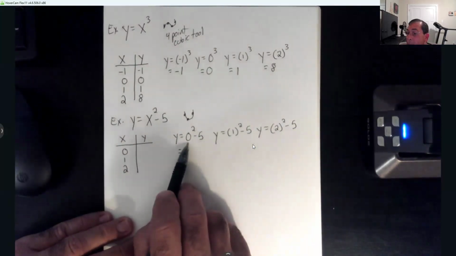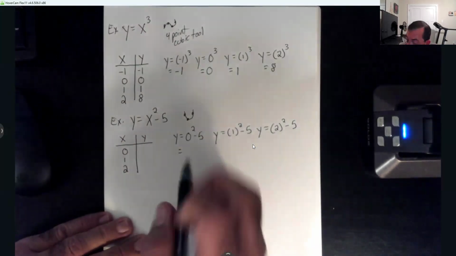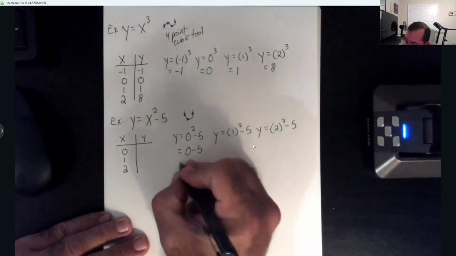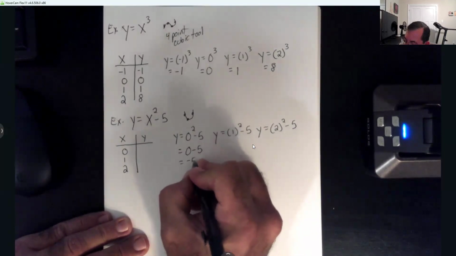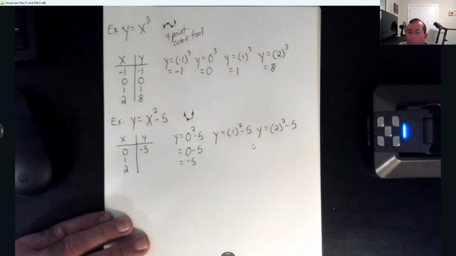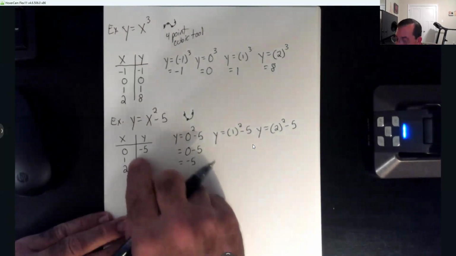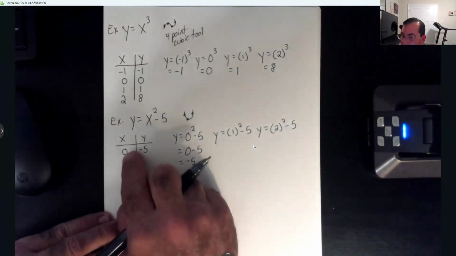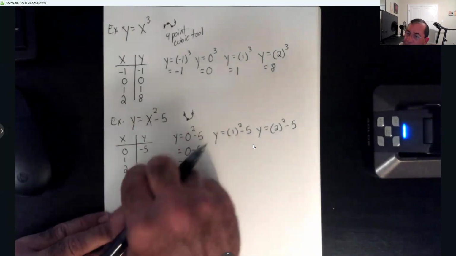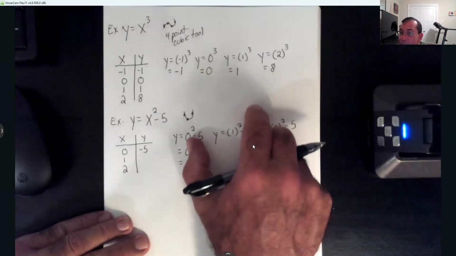Well, 0 squared is a big 0. And 0 minus 5 is going to give us a -5. Now, these won't be symmetric like I had earlier because I didn't use a -1, 0, 1, okay? So you won't see some symmetry, although the graph is symmetric.